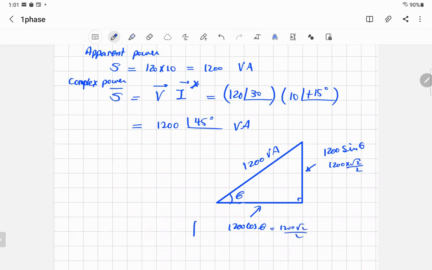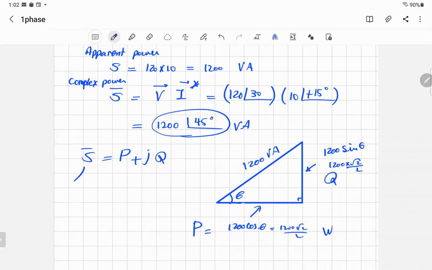This component is the active power or real power. And this component is the reactive power. So actually the complex power can be written as P plus jQ. That's what you got. So if you resolve this into two components, cosine and sine, you get real power and reactive power.